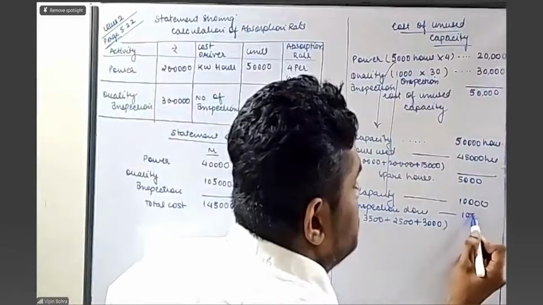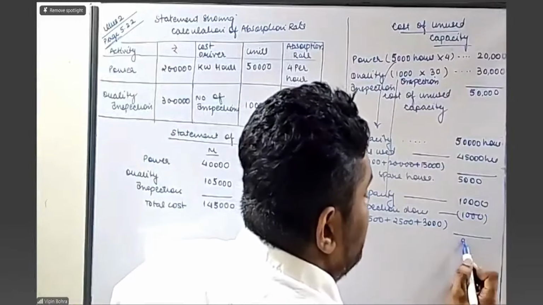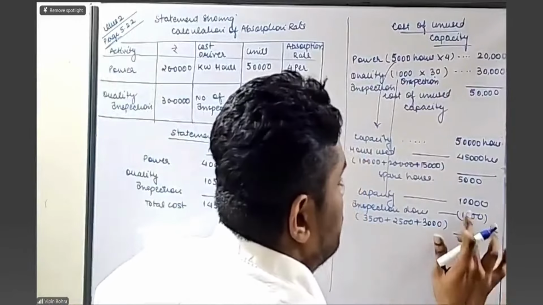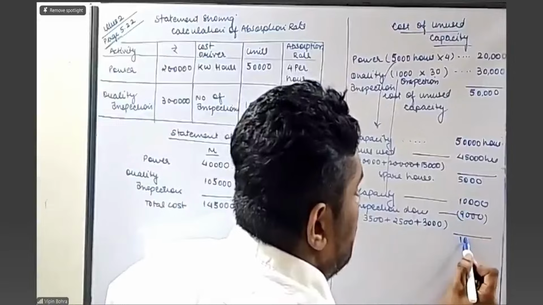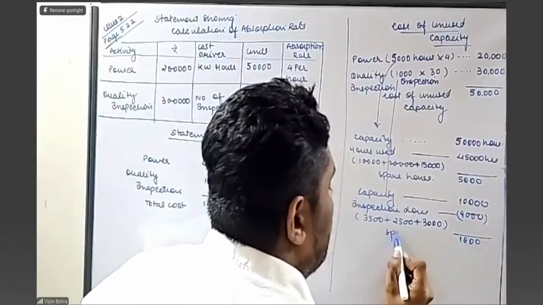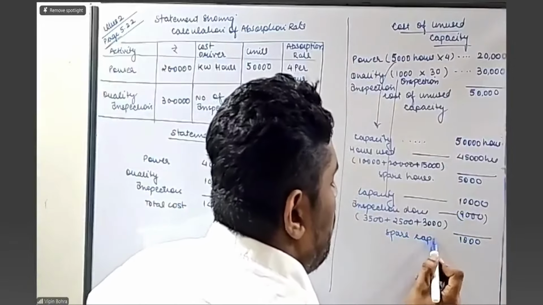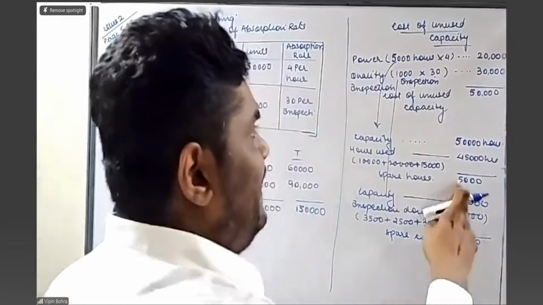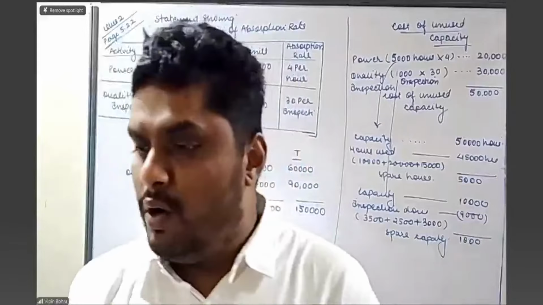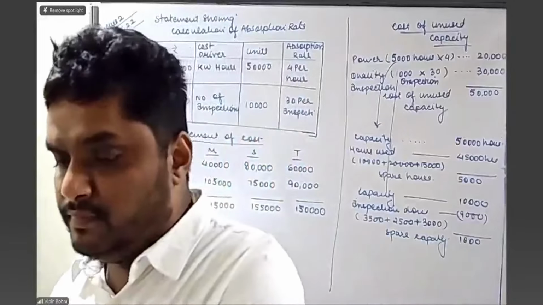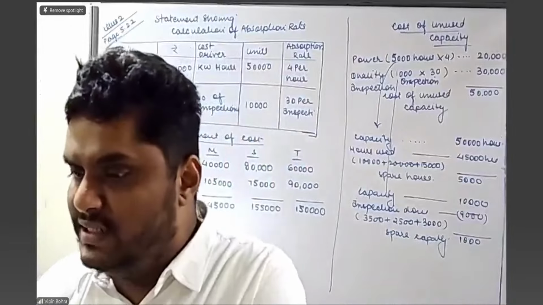So take 1,000. It means spare. So 5,000 and 1,000. This is how I got it, Meda. I hope it is clear now, Meda.